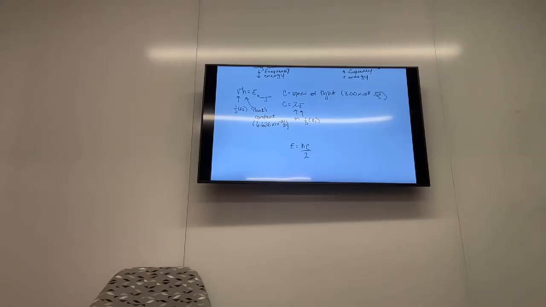And as a pro tip, most wavelengths are going to be in nanometers. Does anyone know what the exponent is for nano? Negative 9. So if you get something that's a number and then nanometers, that's good.